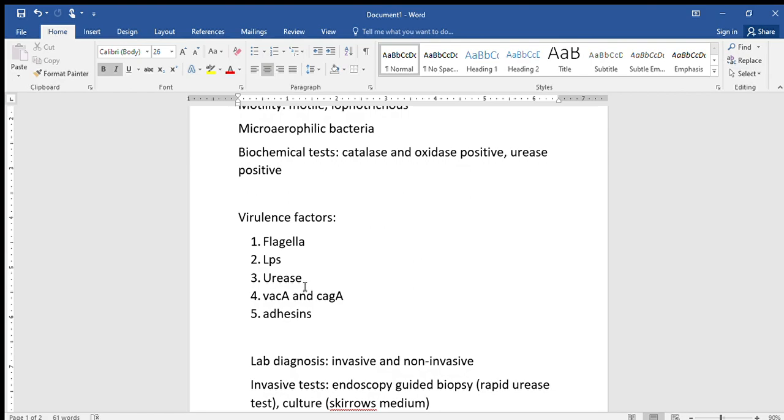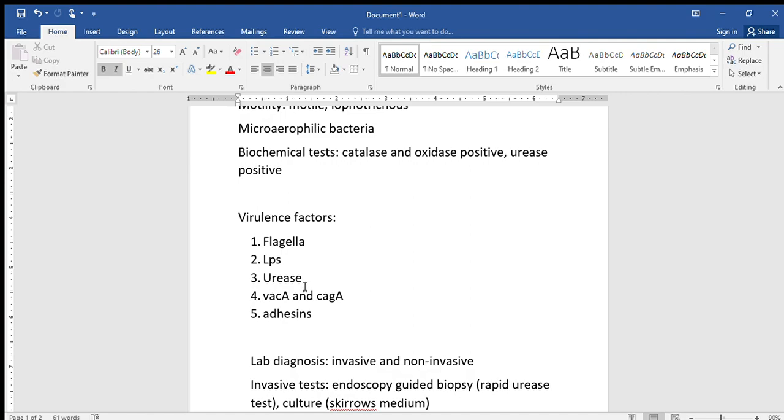Ammonia is basic in nature, so it creates a microenvironment surrounding it, an alkaline microenvironment. Because of this alkaline environment, the bacteria is protected from the acid of the stomach.